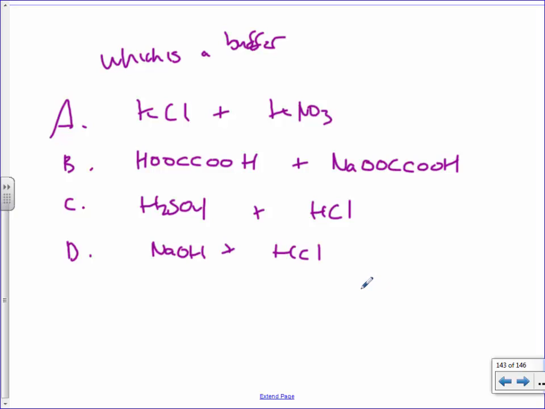Which of these things could be a buffer? Can you guys see it? Which one of these has a weak acid and also contains its conjugate base? B is the right answer, yeah.